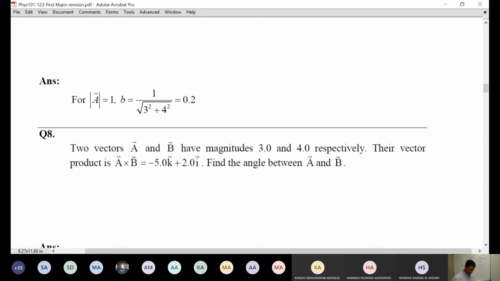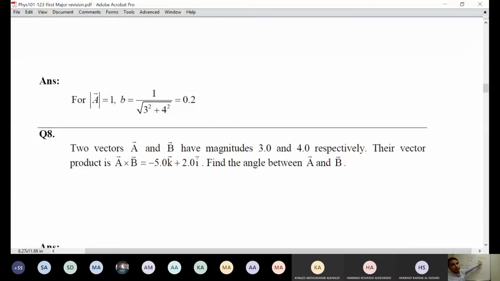Any question here? Yes, at the start you put the n next to sine theta. I put the vector n because by definition A cross B is a vector product. When you multiply A with B with the cross, you are going to get a vector.